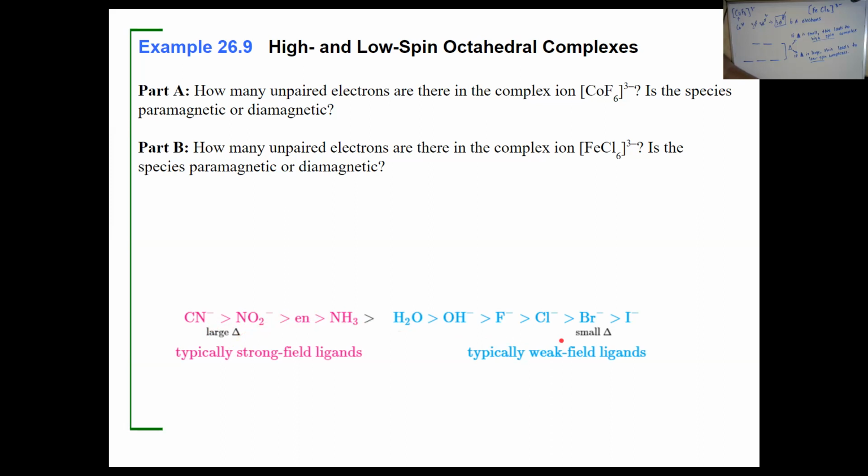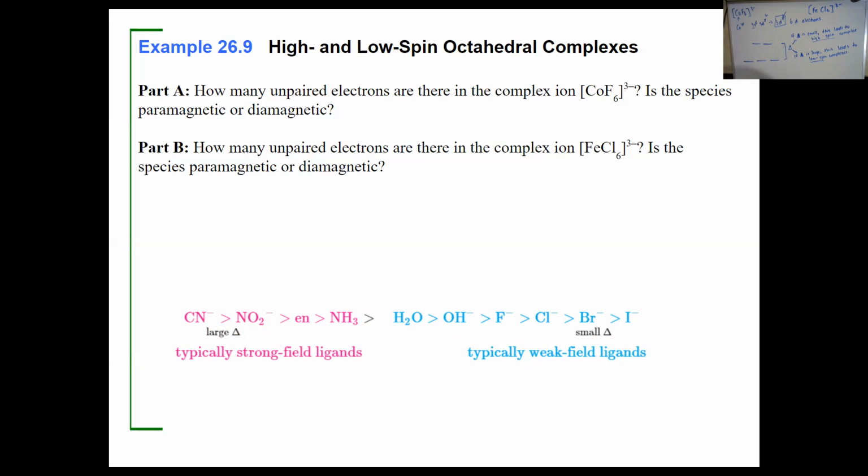If your central metal is attached to a weak field ligand, weak field ligands are going to have a small delta value, a small crystal splitting energy. And that means that the electrons will be able to spread out, because even though you have a low level and a higher level, they're still close enough together.